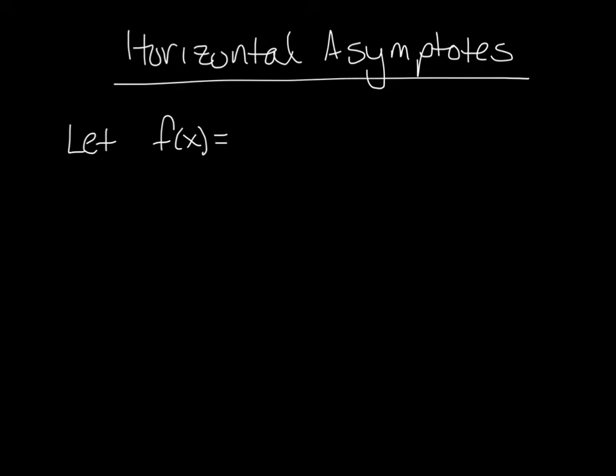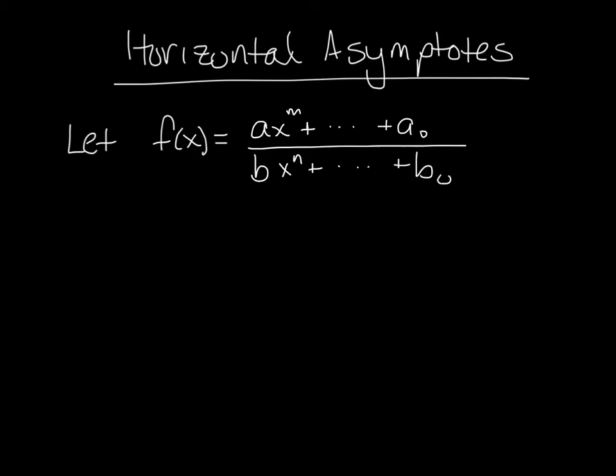So let f of x be equal, and on the top we're going to write out ax to the m plus dot dot dot plus a sub 0. And then on the bottom, bx to the n plus dot dot dot all the way down to b sub 0.